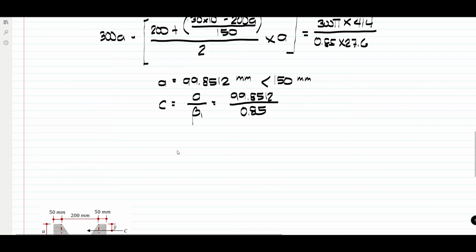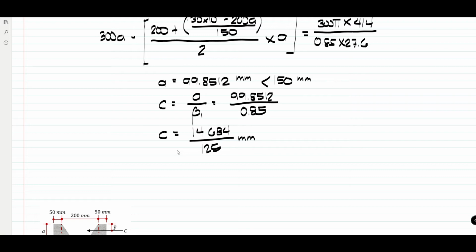So our C now will be equivalent to a value 14,684 over 125 mm. So this will be now our value of C.